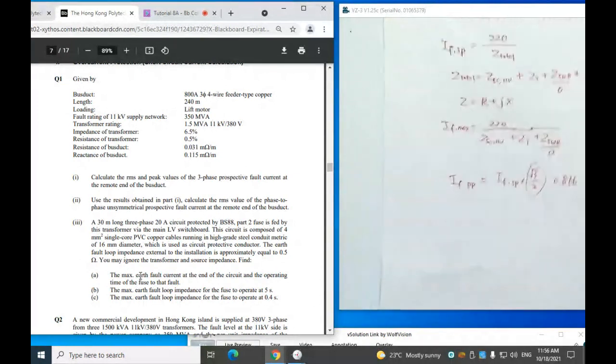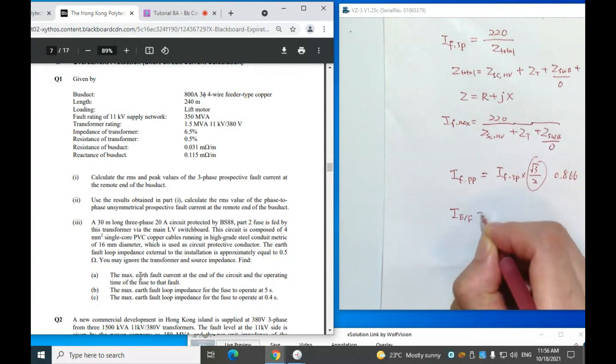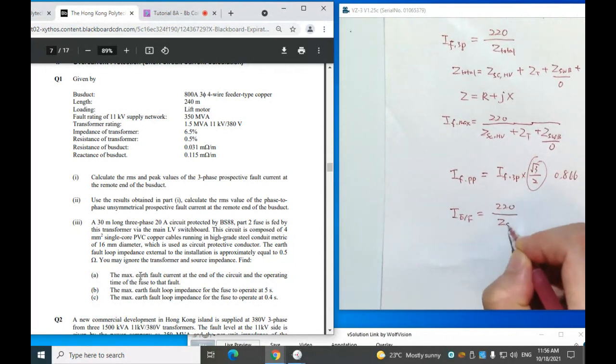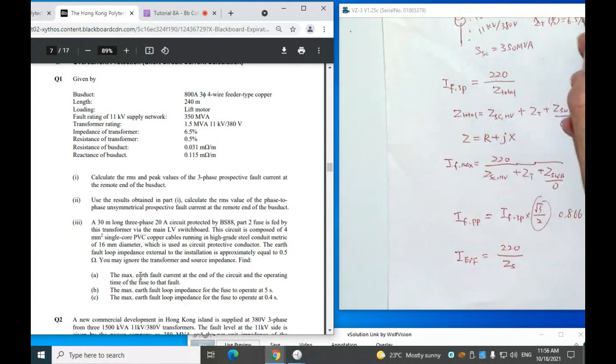And remember, the formula for earth fault current, again, is 220 volt over Zs. Zs is called the earth fault loop impedance. So in this case, this is the earth fault loop impedance.